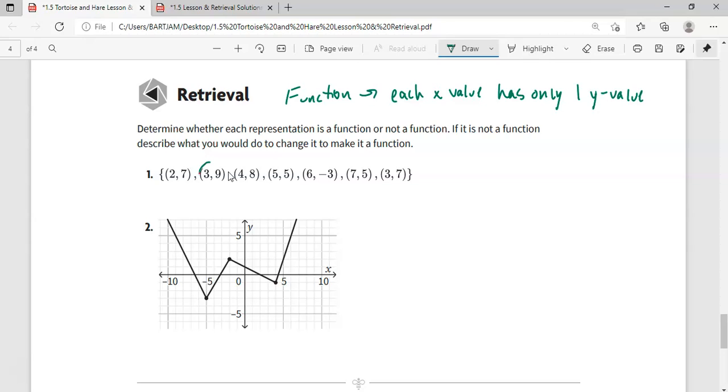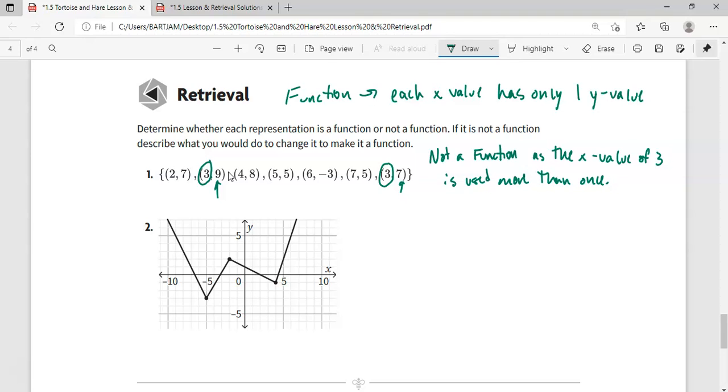In examining that, I see that my x value of 3 has more than one y value. 3 is paired with 9 and 7. So the relationship in question 1 is not a function, as the x value of 3 is used more than once.